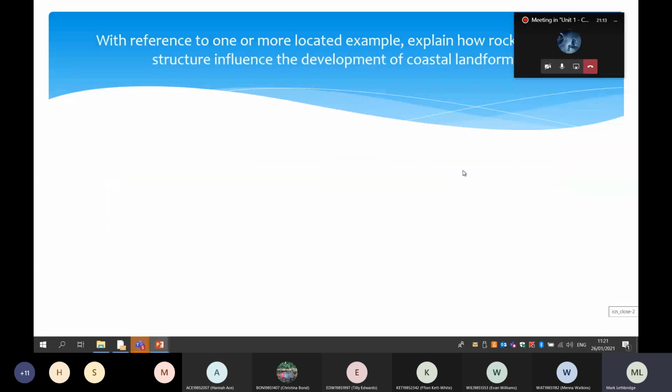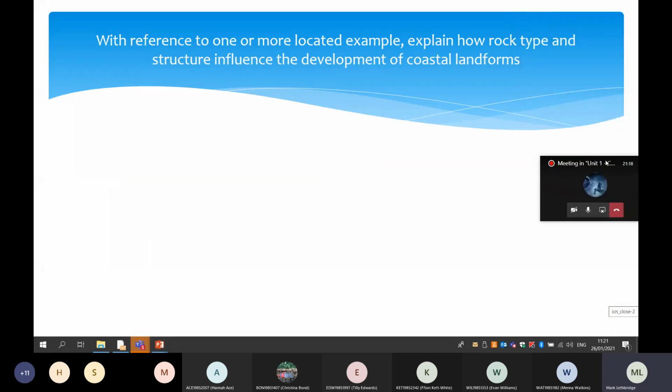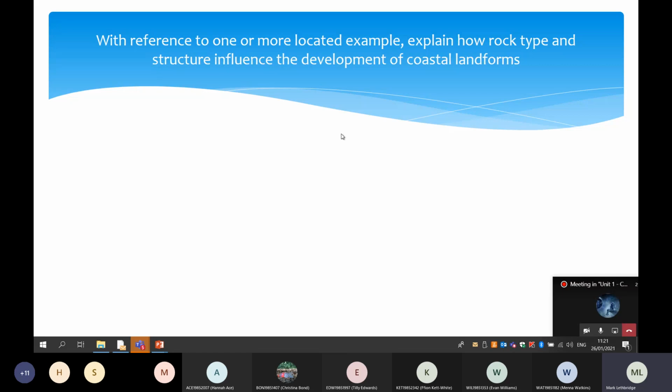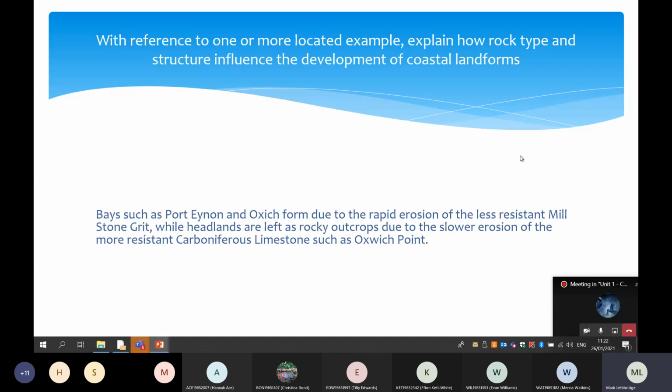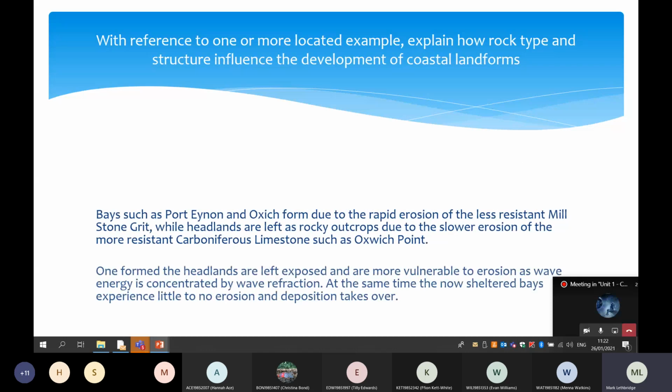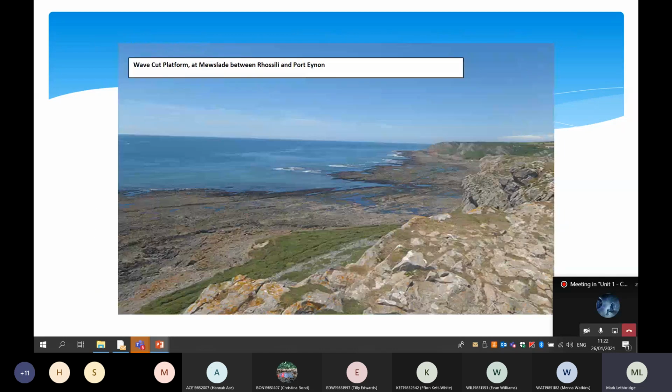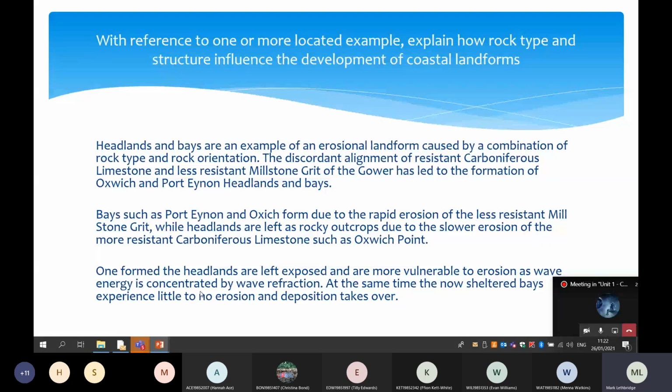So if you were going to answer a question like the one that is now up on the board, with reference to one or more located examples, explain how rock type and structure influence the development of coastal landforms, we could start off with the little intro that we just had, but then tie in that little kind of 4-point explanation of headlands and bays, but just making reference to the type of rock.